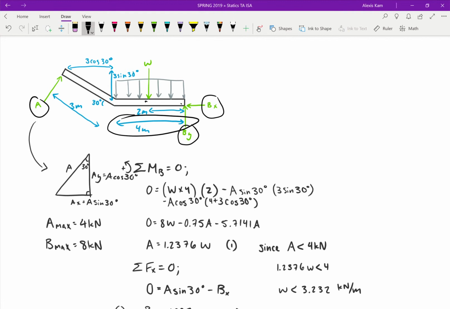Then we can subtract A times sine of 30, which is going to be this AX direction, right?